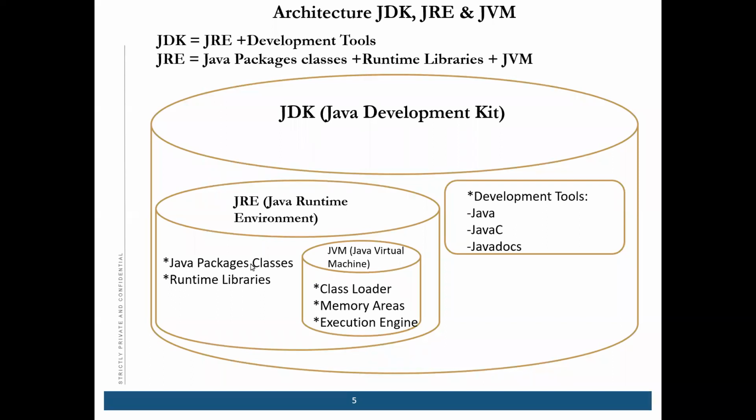Inside the Java Runtime Environment you have all the Java packages and runtime libraries. Inside that you also have the JVM, Java Virtual Machine, which has the class loader, memory areas and execution engines. All this comes under JRE.